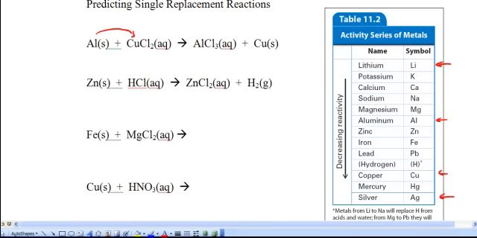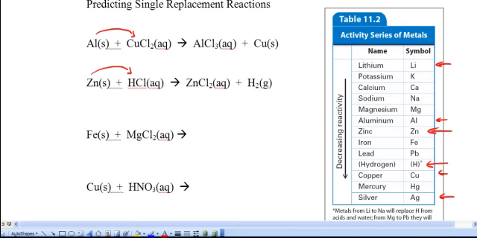All right, so that reaction does in fact occur. In this second example, you have zinc that's trying to replace the hydrogen. Well, let's go ahead and check the list to see if in fact that should occur. Here's the zinc metal. The hydrogen, which of course is not a metal, but it does behave like a metal, is lower on the list. So the zinc is more active and in fact can replace the hydrogen in the hydrochloric acid. So that reaction will also occur.